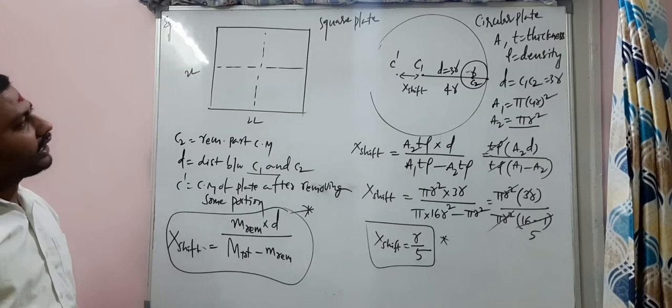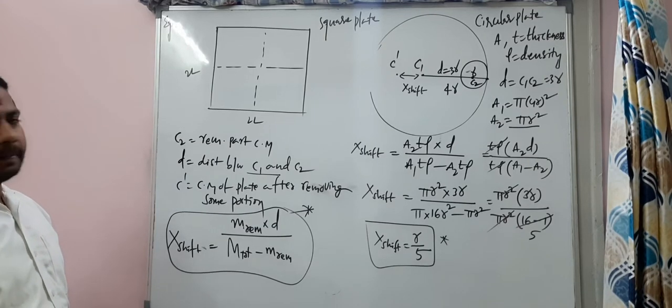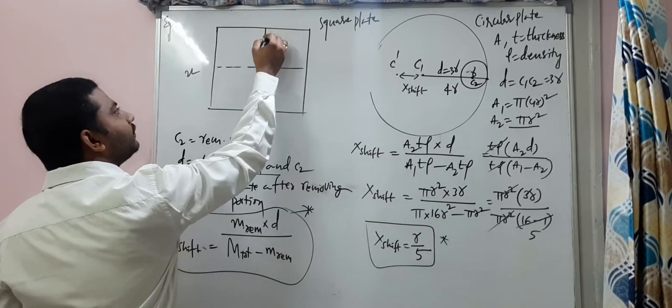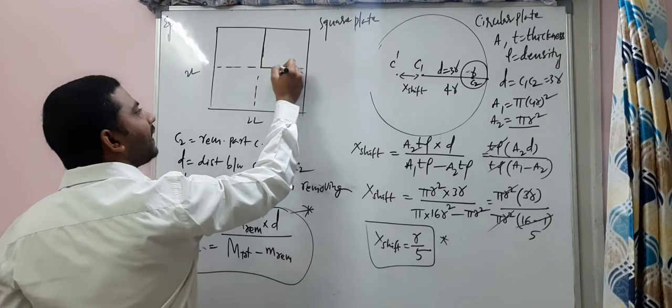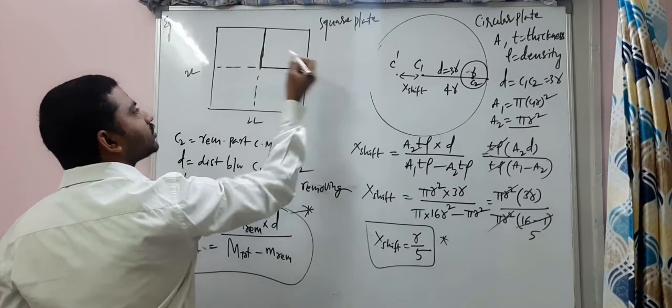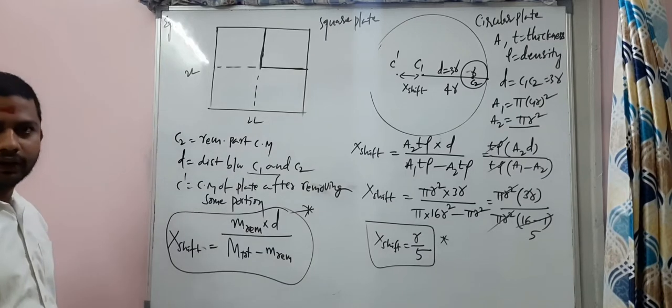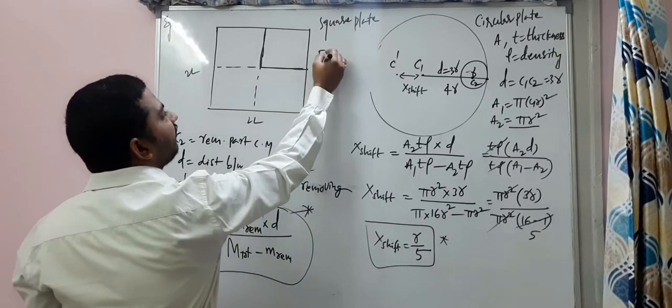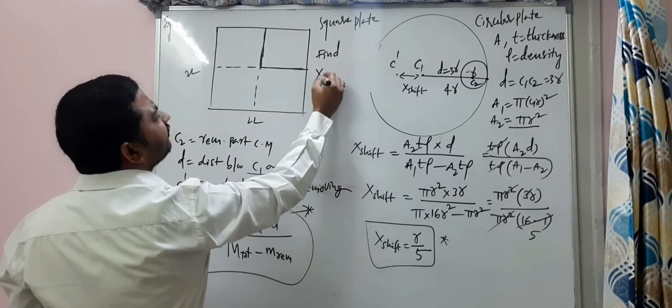When I make it 4 equal parts, observe carefully. This is the part I'm going to remove. Find the shift in the center of mass. That's the question. Find x shift in this case.